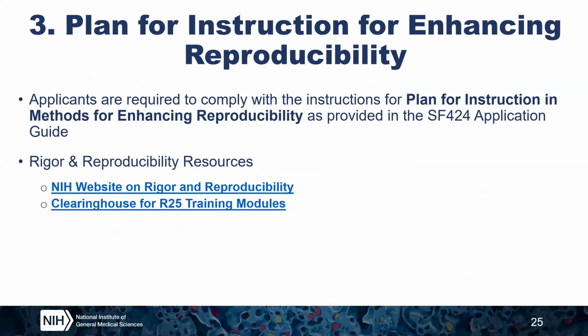Applicants are required to comply with the instructions for plan for instruction in methods for enhancing reproducibility as provided in the SF424 application guide. NIH also has various resources, and some of these resources are listed here with the various websites where they could be found.